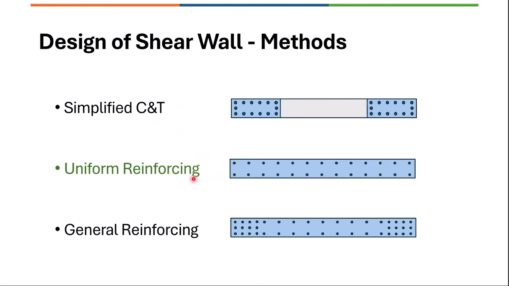or whenever you start, you can perform a uniform reinforcing, which is the default section, which is automatically assigned the rebar in this configuration on both faces at uniform spacing, and you will get the numbers. Then you can use the general reinforcing, where you can provide the rebar configuration as required, like the one shown here, by strengthening the end zones.